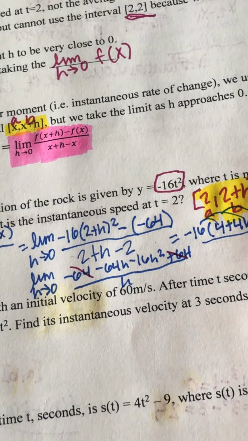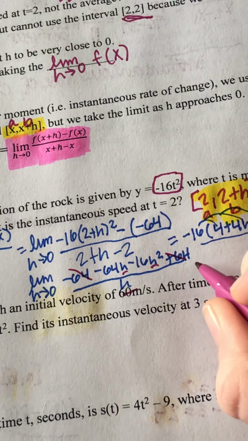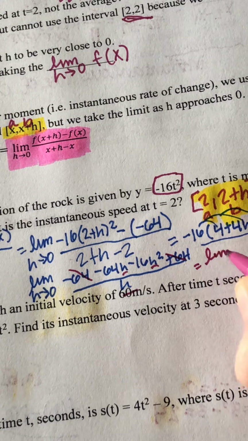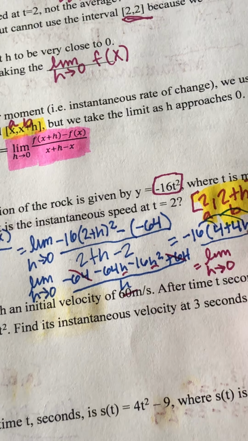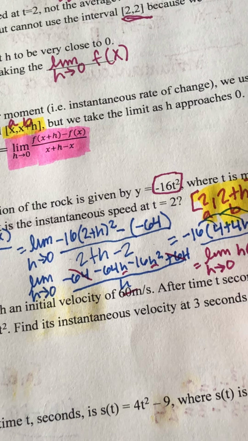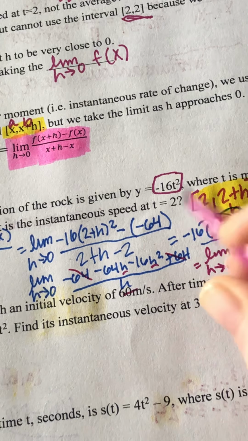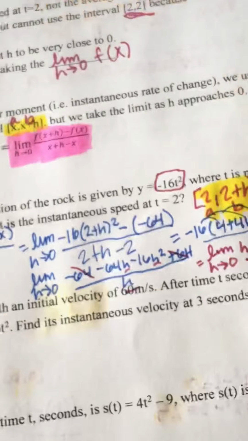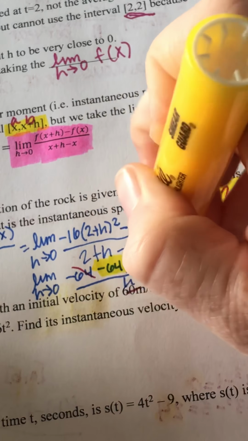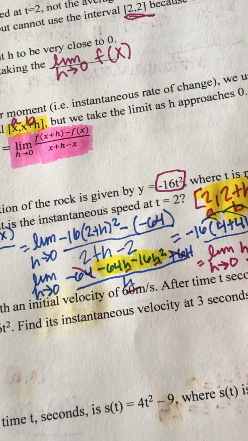So those cancel. And now there's an h in common with all of these. So if I factor, I will have h times negative 64 minus 16h. We took an h out, so that's what the rest of this factors to, all over h.